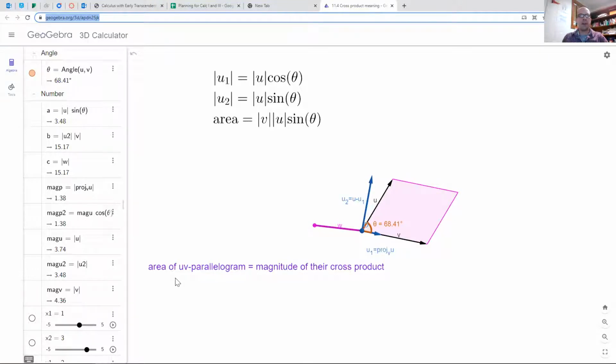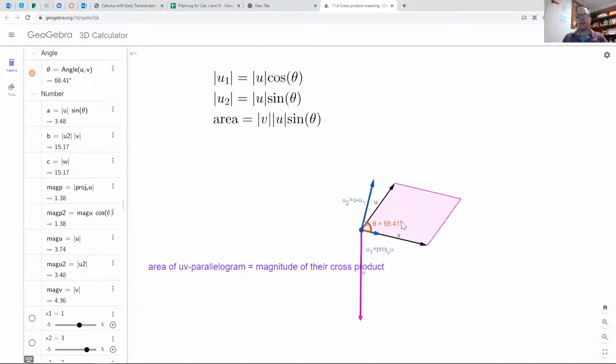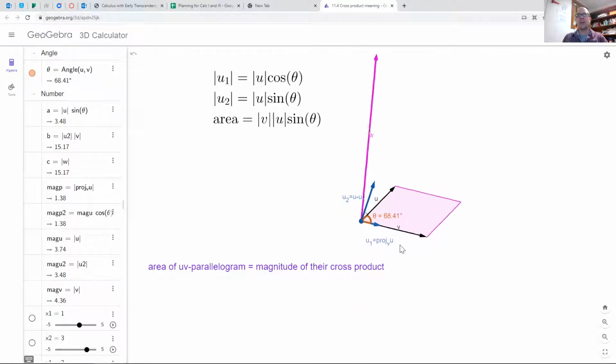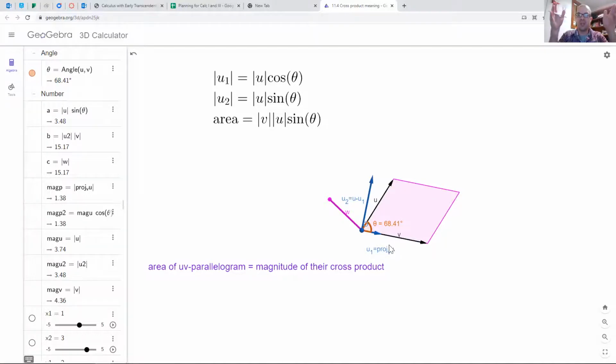All right, so I spoil it down here, but the area of this parallelogram in between two vectors, u and v, is actually the magnitude of their cross product. One of the things that I've done here is I created these blue vectors very similar to what we have done with projections in 11.3, where this u1 is a projection of u onto v, so it's pointing in the same direction.